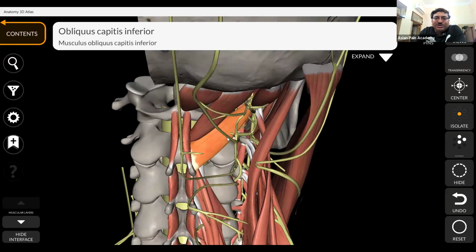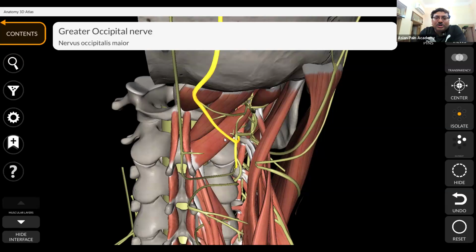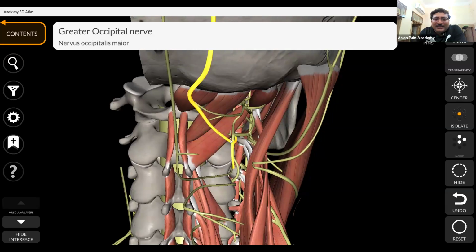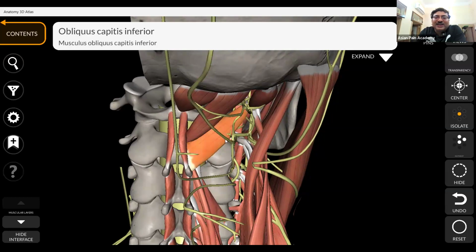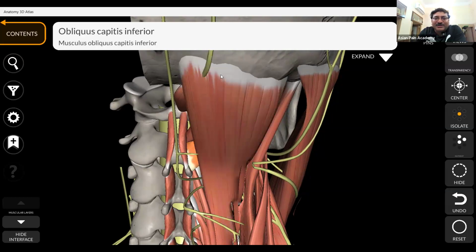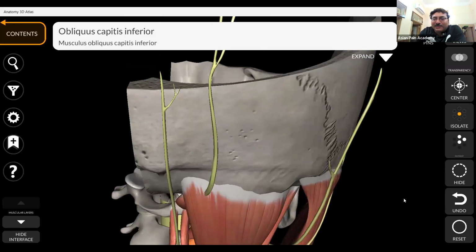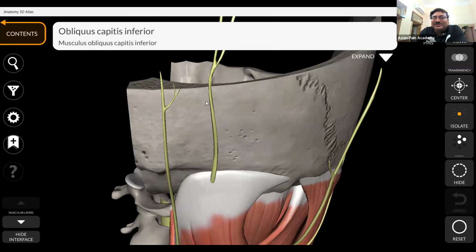It comes from the posterior division of C2, and then rotates along the lower border of this inferior oblique muscle. Then it remains between the semispinalis capitis and the inferior oblique, then pierces the semispinalis capitis, and then pierces the trapezius as well. After piercing the trapezius, it becomes subcutaneous.